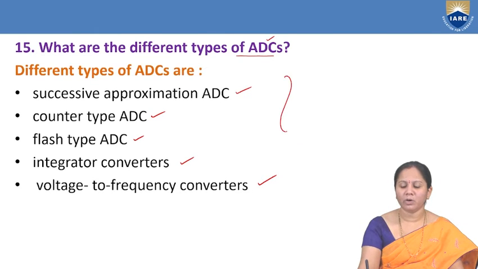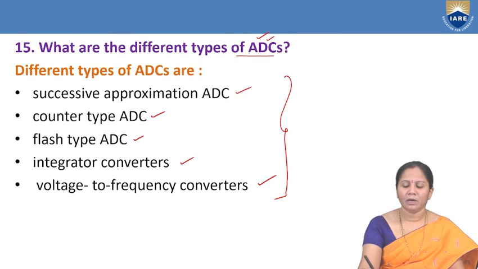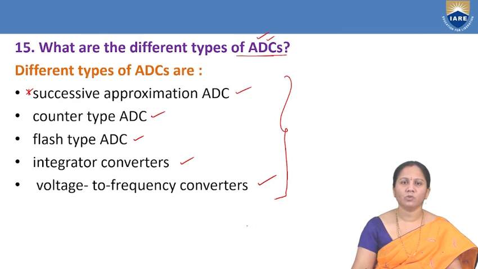All these are different techniques we can use to convert an analog signal into a digital signal. But out of these, the major technique that we use to convert analog signal to digital signal is the successive approximation technique.